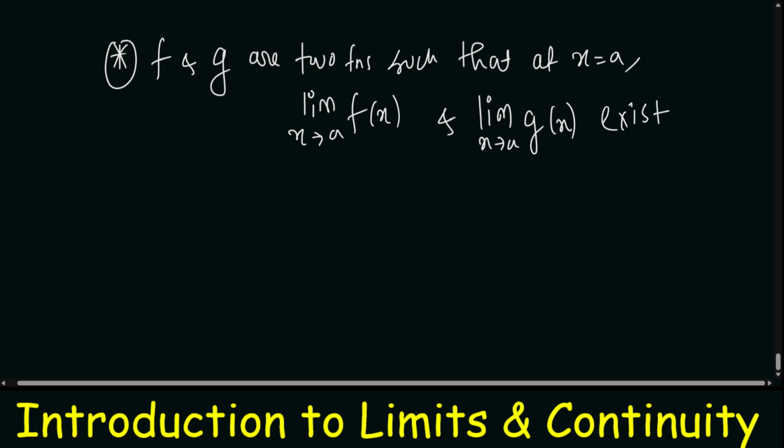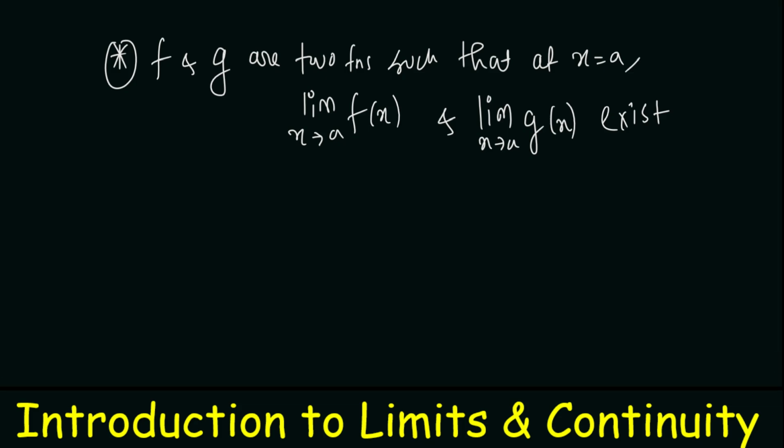So we start off with this assumption that the limits of f of x and g of x as x tends to a also exist.